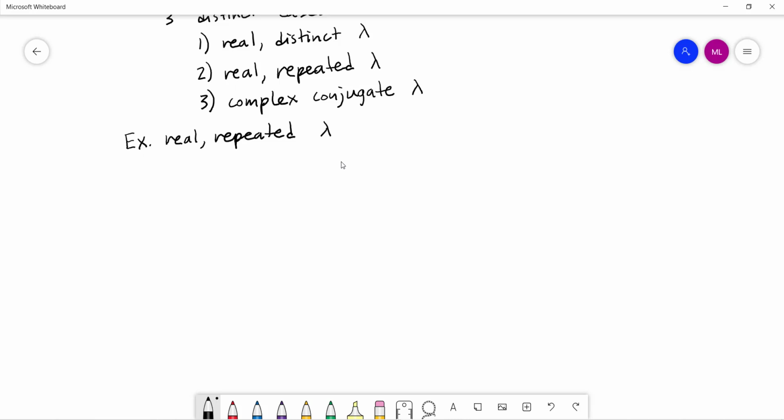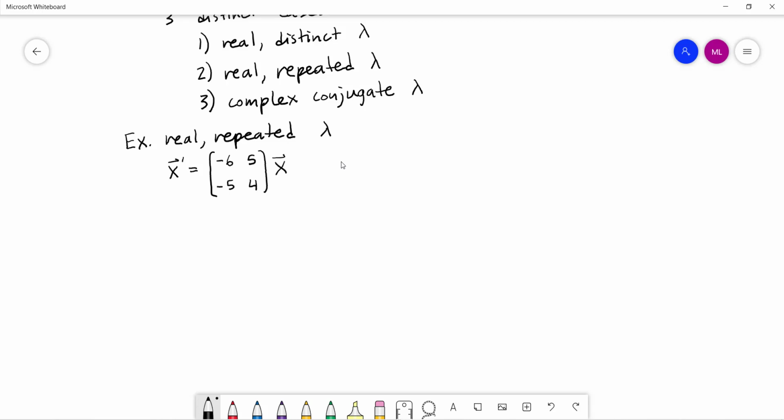What is one that works? So basically, again, we're trying to solve an equation that looks like this: x prime equals Ax, where in this case, let me just write it in directly. It is [-6, 5; -5, 4] times our x.